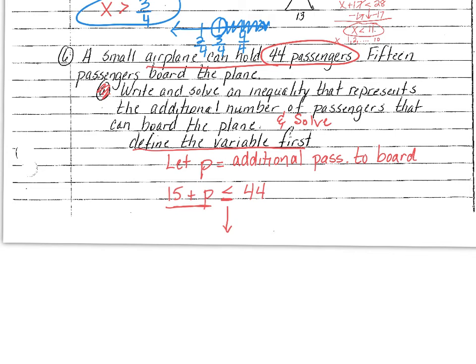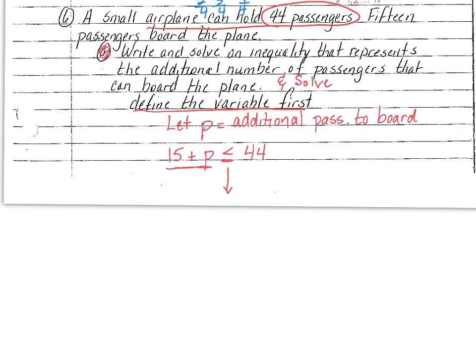Adding 15. So we are going to subtract 15 on both sides. These cancel out. We're left with P is less than or equal to, what's 44 minus 15? Chase? 29. It's 29 passengers.